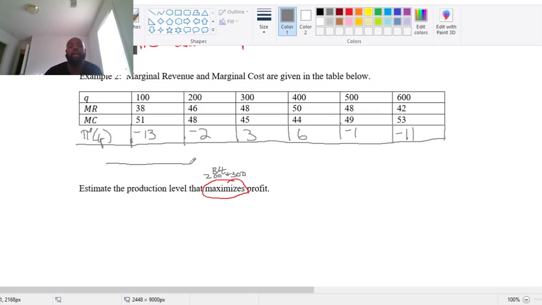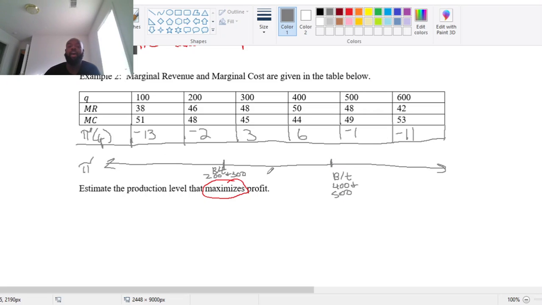So I'm going to do a number line. And this is my pi prime line, right? So somewhere between 200 and 300, my marginal profit becomes zero. Also between 400 and 500, my marginal profit becomes zero, right?